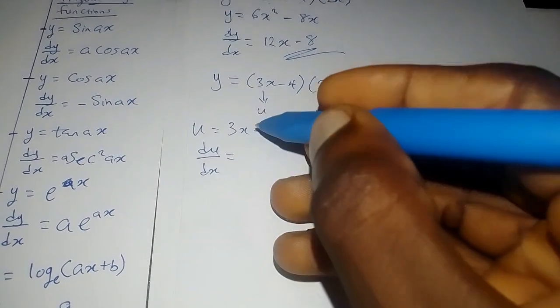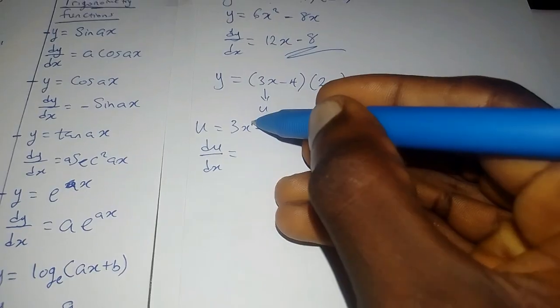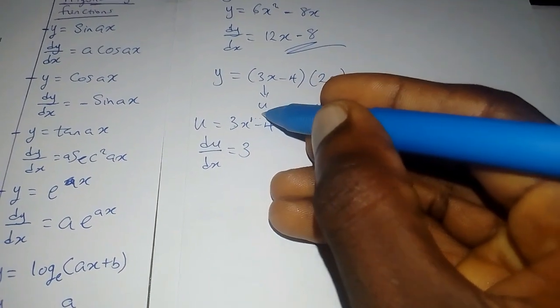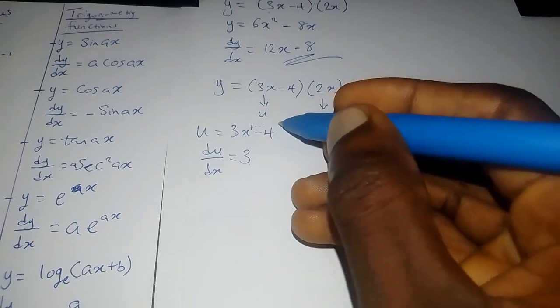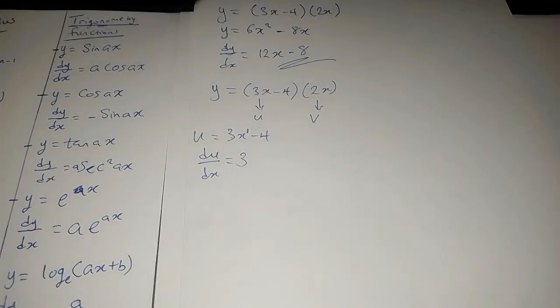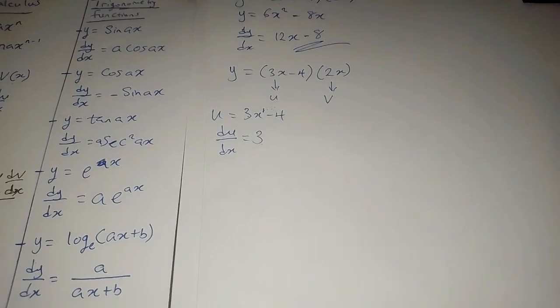Differentiate 3x, which is raised to power 1: 1 times 3 is 3, and 1 minus 1 is 0, so x raised to power 0 is 1, so it's ordinary 3. Whenever you differentiate a constant, you get 0. I explained how you get that in one of my videos on limits, you can check it out there. So that's du dx.